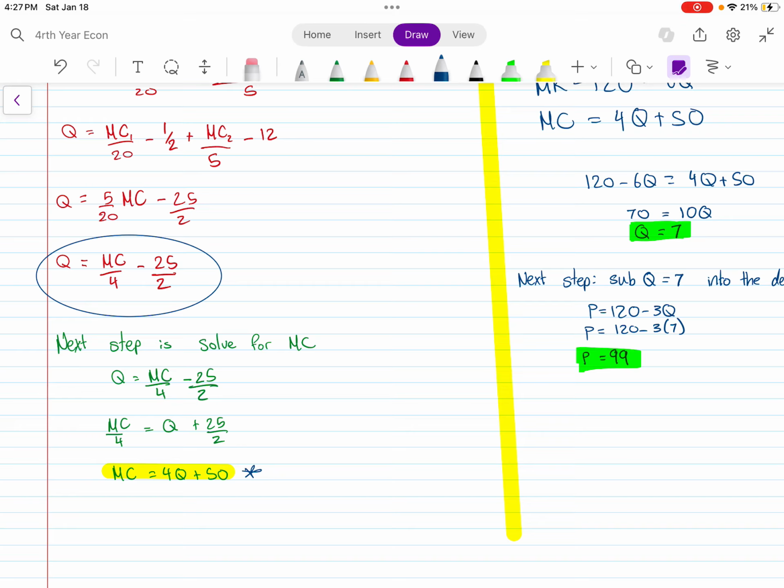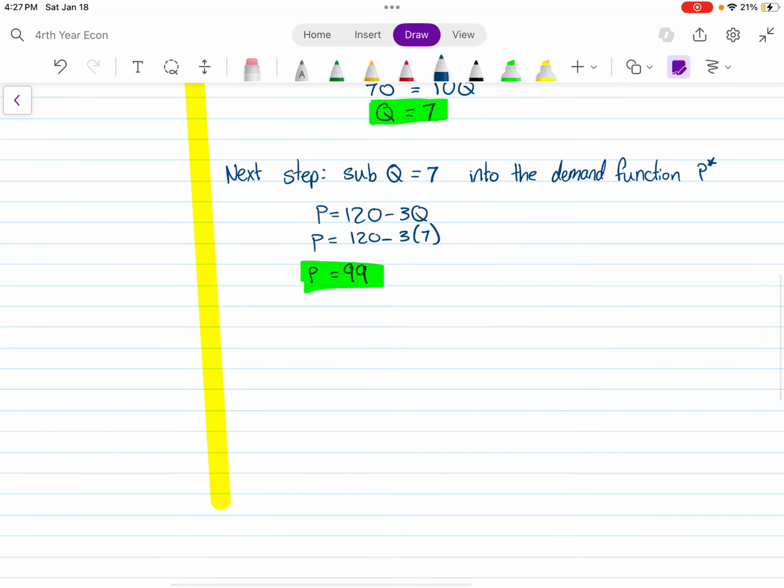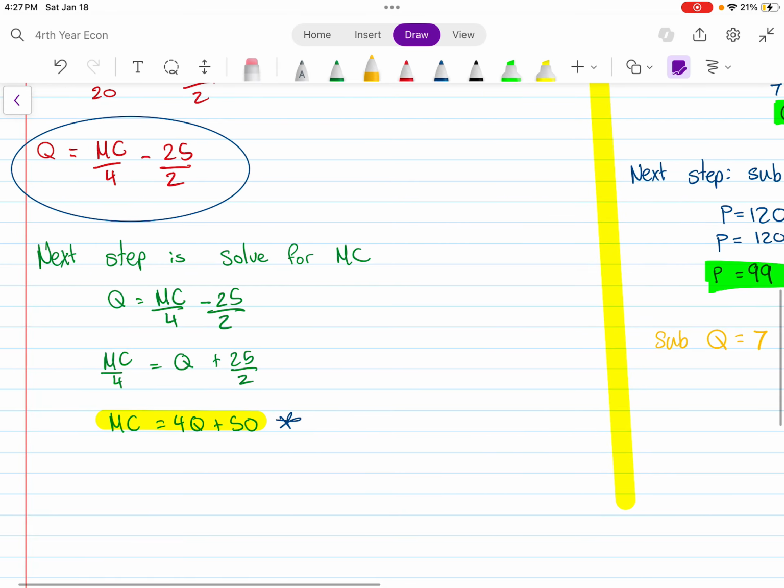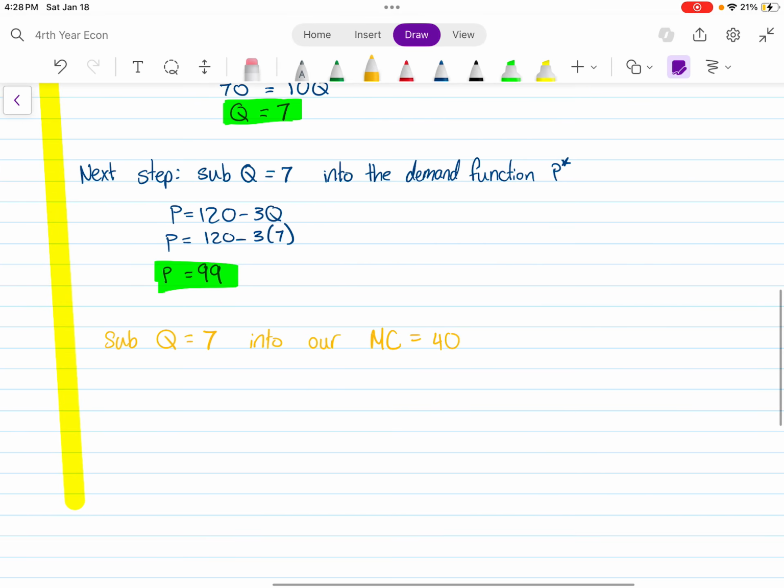So what we want to do is sub Q into our marginal cost function to figure out what our marginal cost value is. So we want to sub Q equals 7 into 4Q plus 50. Let's do that real quick. Therefore, we have our marginal cost being 78.